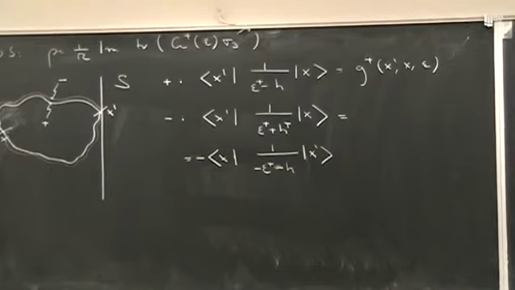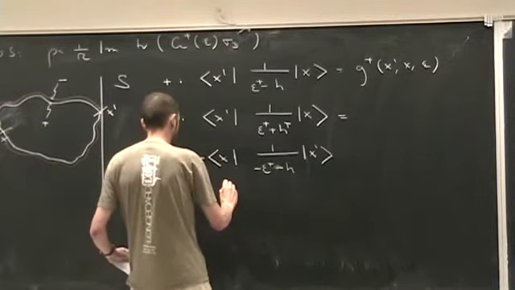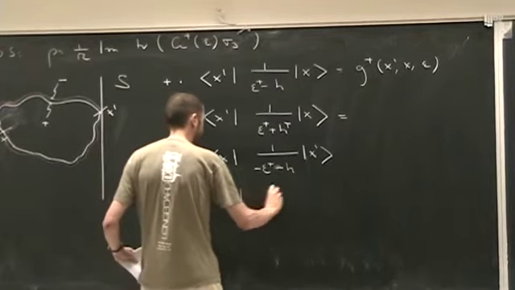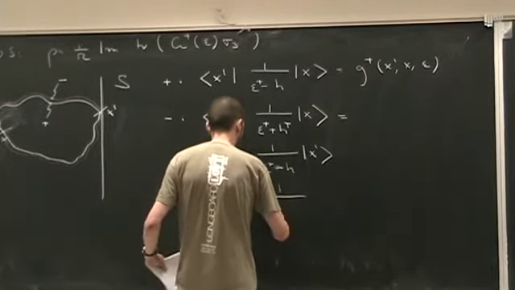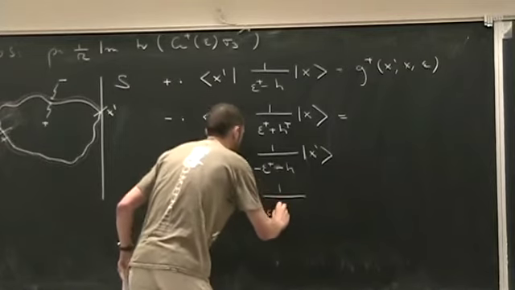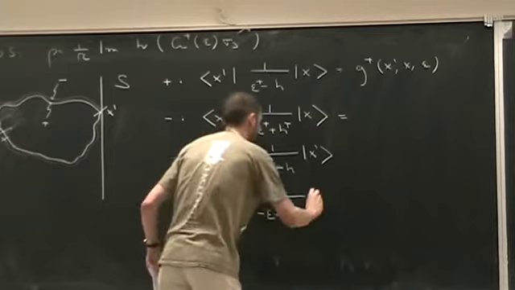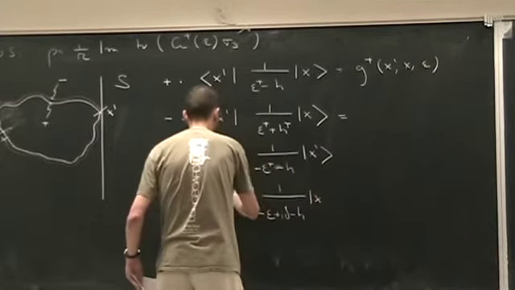And finally notice that this is equal to minus x prime, 1 over minus epsilon plus i delta minus h, x, complex conjugate.